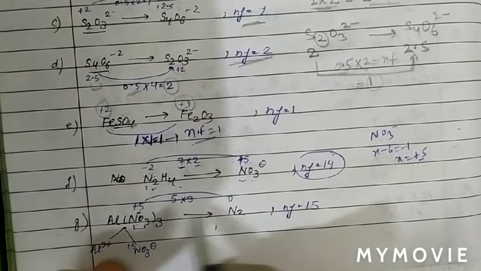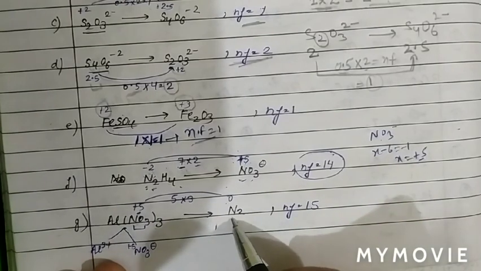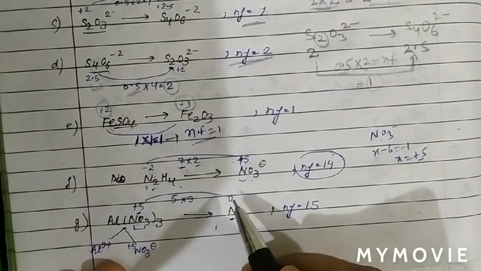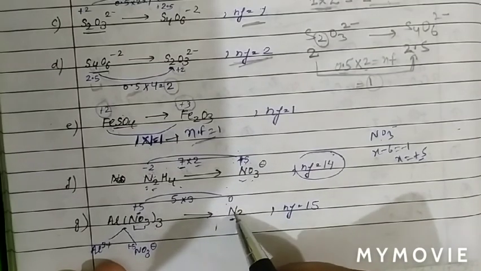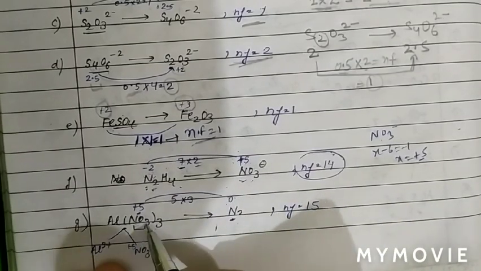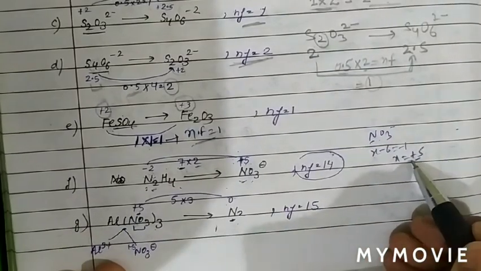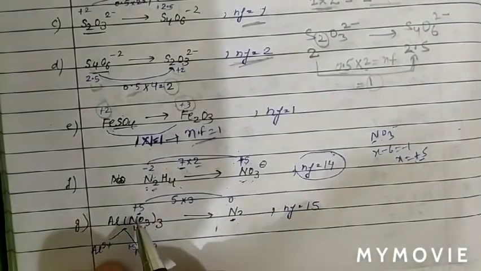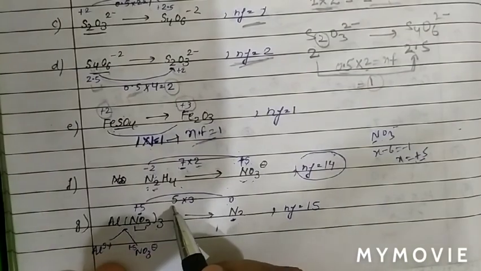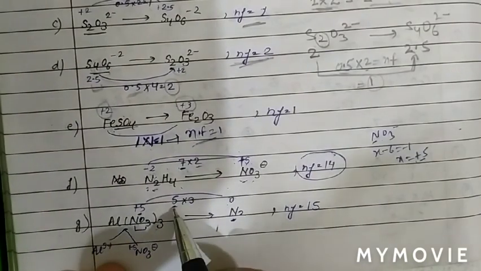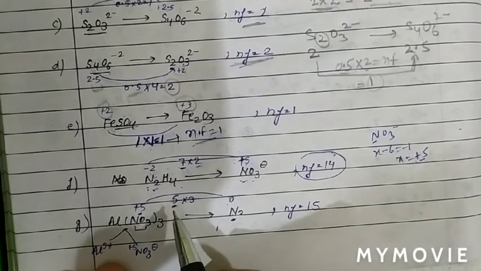So the oxidation state of nitrogen for one atom changes from +5 to 0, which means the change in oxidation number for one atom of nitrogen is 5. And how many atoms of nitrogen are there? 3. So multiply by 3. So the overall change is 15. Hence the n factor of this reaction is 15.